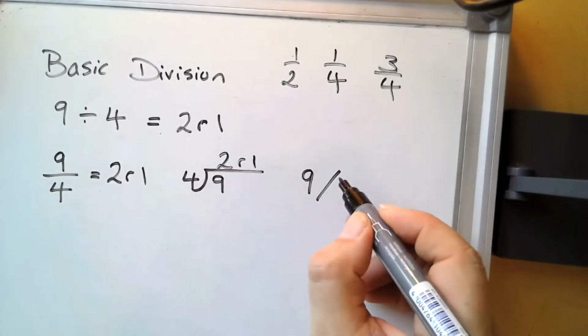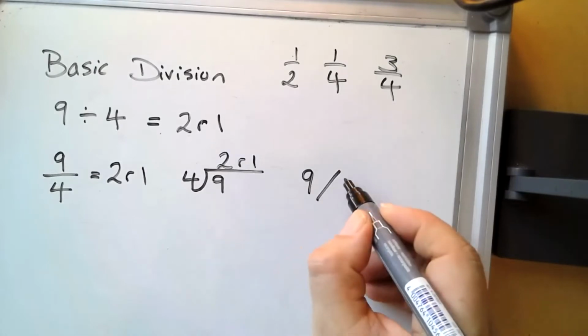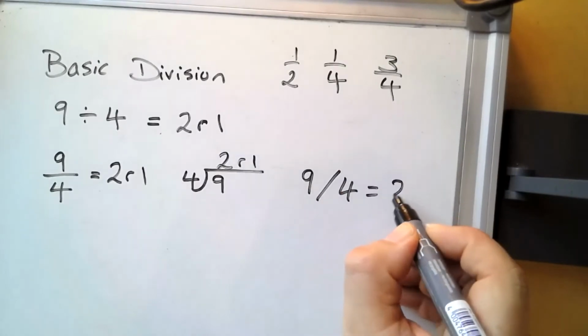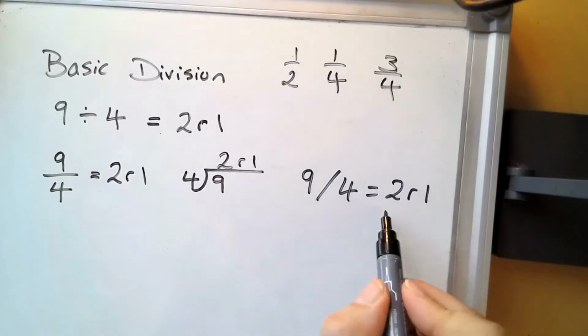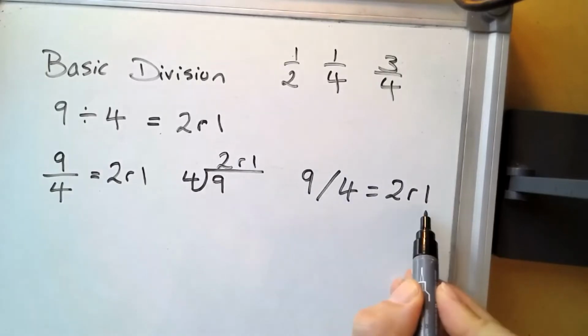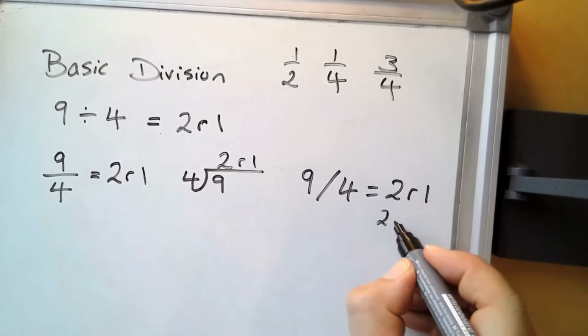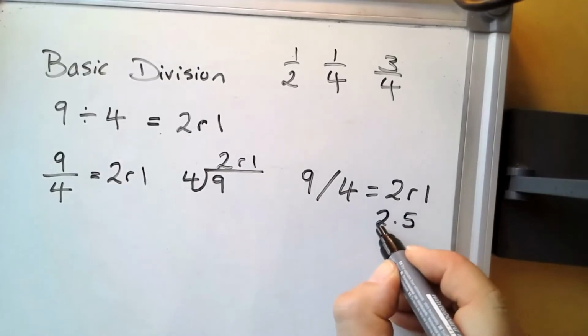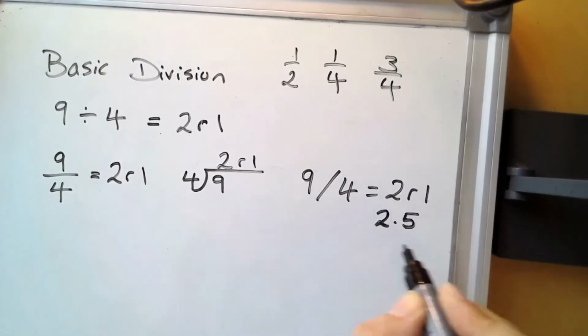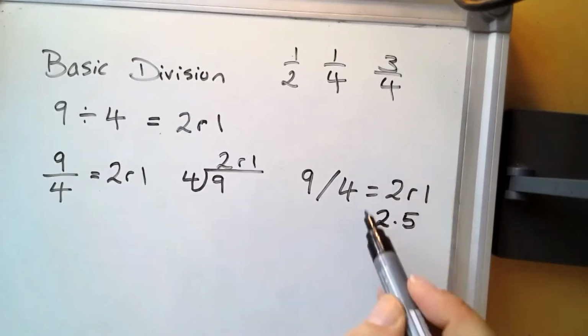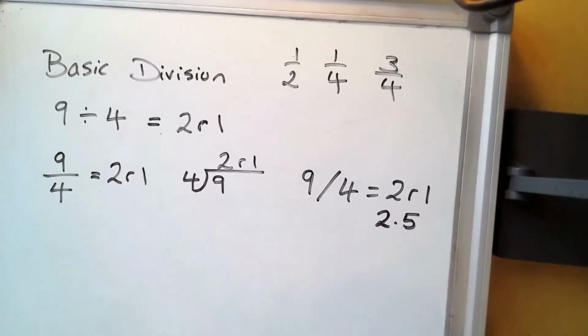So you press the 9 key, the / key, the 4, and you would get a number out. Now on a calculator, you usually don't have 2 remainder 1. It would actually say 2.5, but we're not going to worry about decimal numbers today. These two are the same when we're looking at 9 divided by 4. Right.